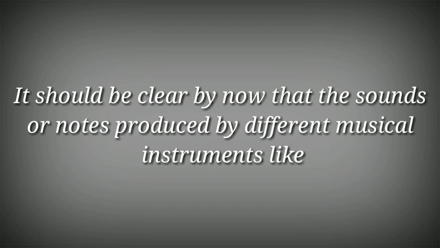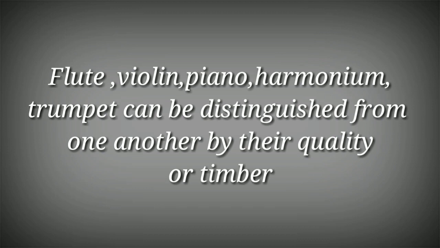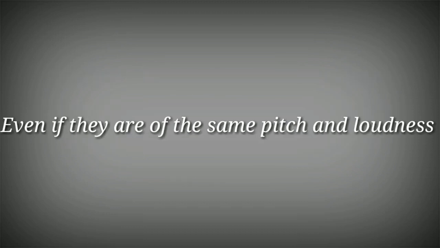It should be clear by now that the sounds or notes produced by different musical instruments like flute, violin, piano, harmonium, trumpet can be distinguished from one another by their quality or timbre, even if they are of the same pitch and loudness.